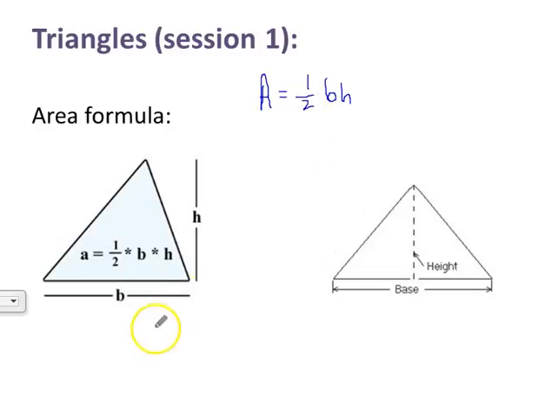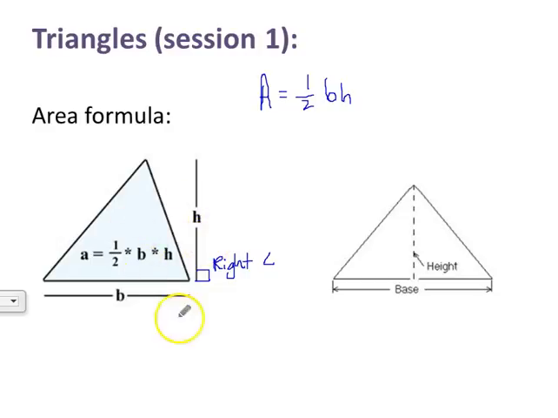I just wanted to go over what the base is. The base is the bottom of your triangle. And then the height, this is really what I wanted to focus on. The height must form a right angle with the base.